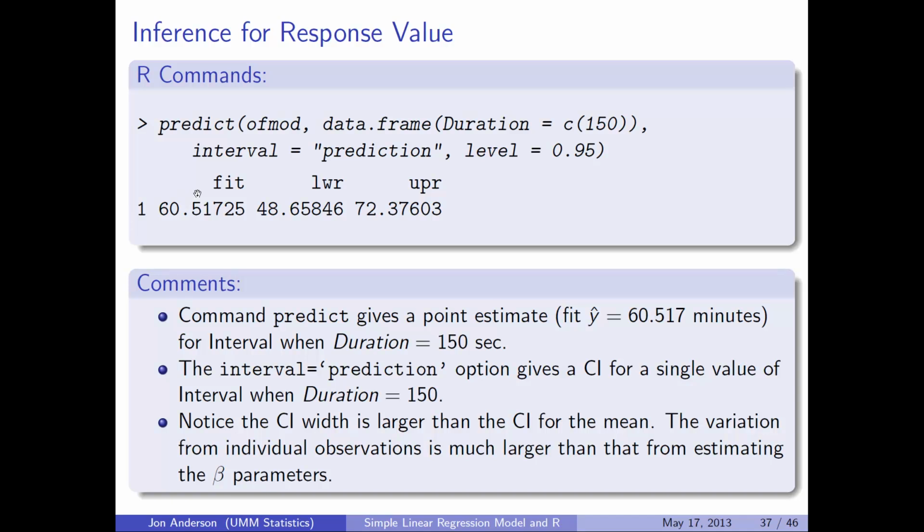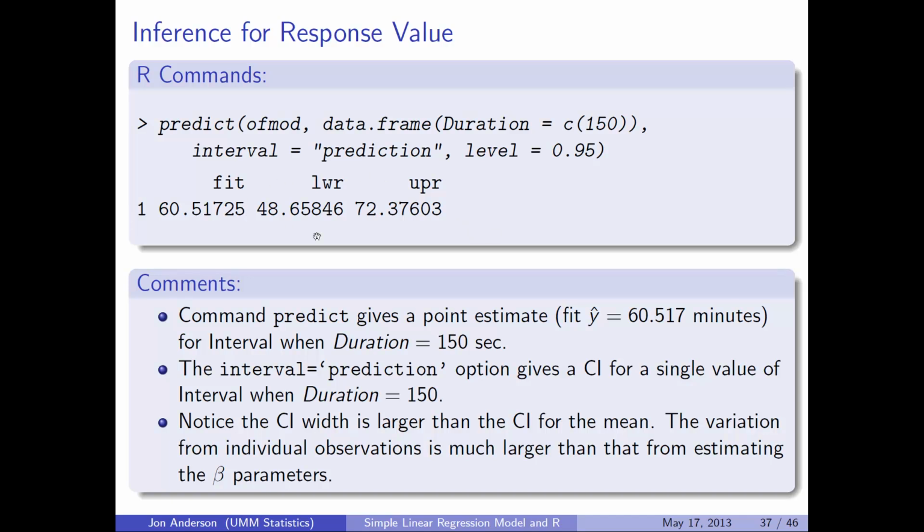But notice that because we're talking about an individual eruption, individual eruptions could turn out to be quite soon, which means that the lower limit for how long you'd have to wait is about 49 minutes. But you might have to wait as long as about 72 minutes if we get an abnormally long random error draw and we have to wait a long time for that particular eruption.